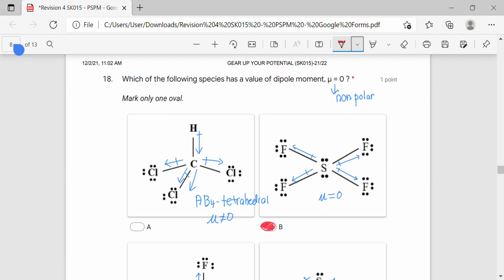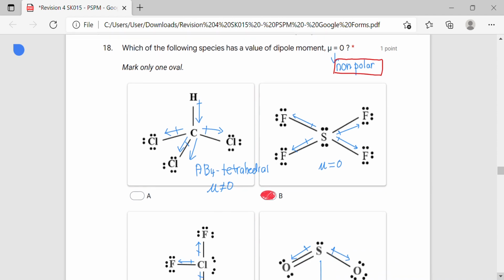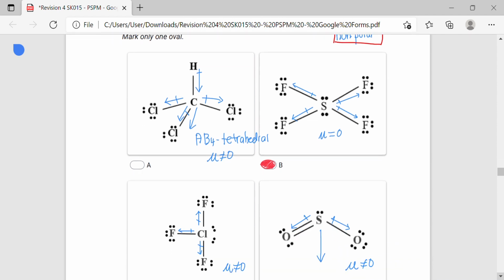From the following species, okay, identify which species with dipole moment mu equal to 0. So kalau tak ada value, dia refer kepada non-polar molecule. So non-polar molecule untuk semua basic molecular shape, okay, yang sama terminal atom. Okay, ini walaupun tetrahedral tapi disebabkan satu tu ada hidrogen, jadi ada beza electronegativity between carbon dengan hidrogen.